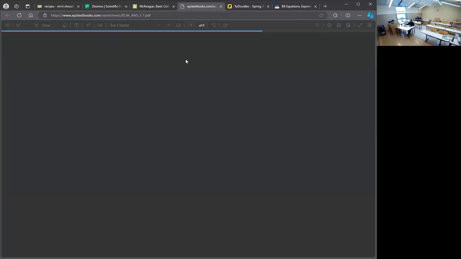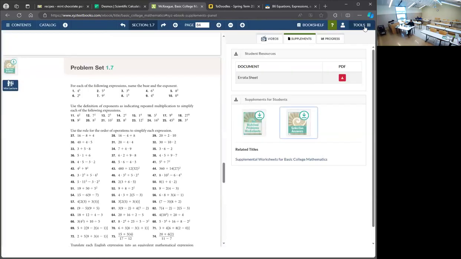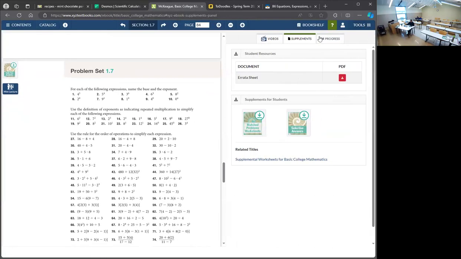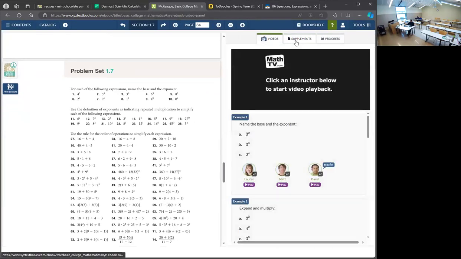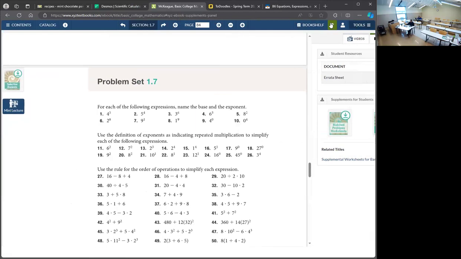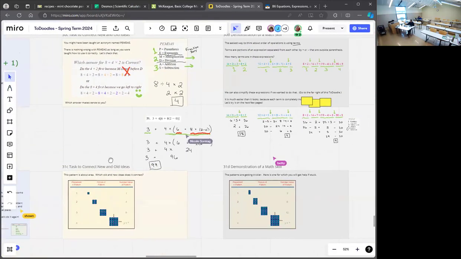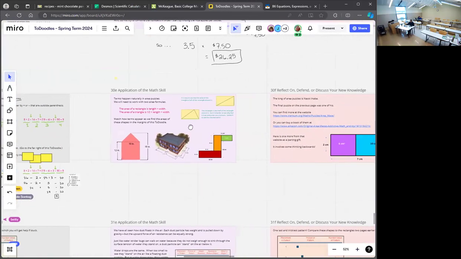When you click on that, you get the odd homework answers for that chapter. So it's hiding in this tools and then supplements in the middle, not videos, and selective answers. But it is something that watching me is helpful, but you really do have to practice yourself, unfortunately.